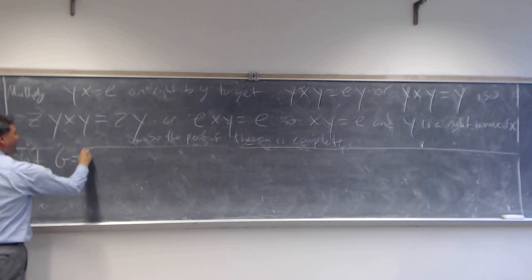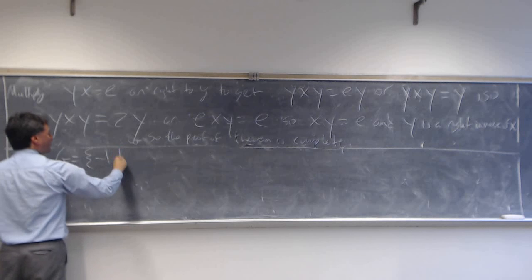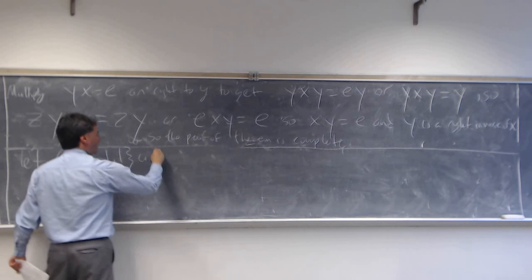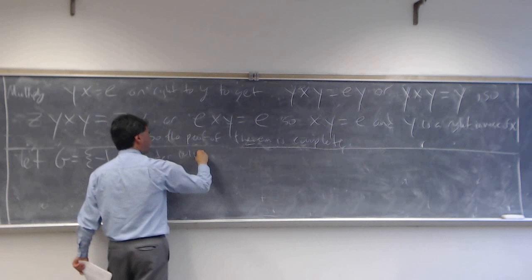So let G equal {-1, +1} under multiplication.